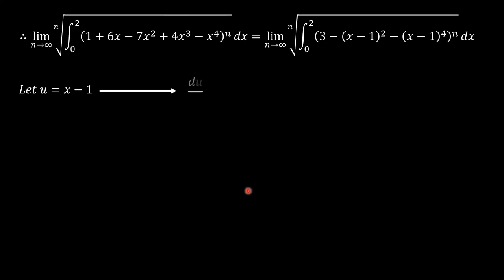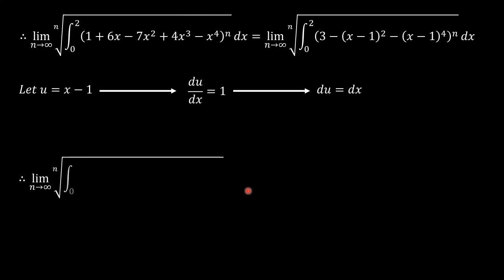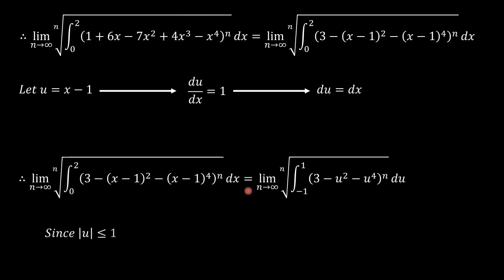And so we've done all these. Since the absolute value of u is less than 1, what that really means is that the integrand we have here under the nth power is greater than 3 - 3u^2, but also less than 3.